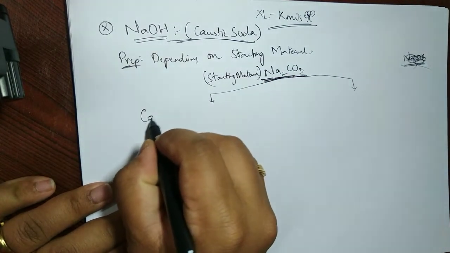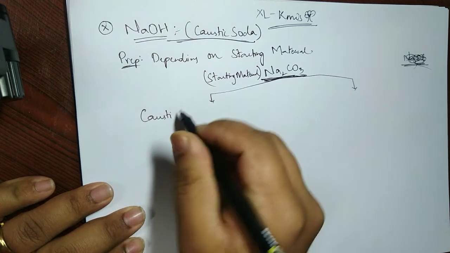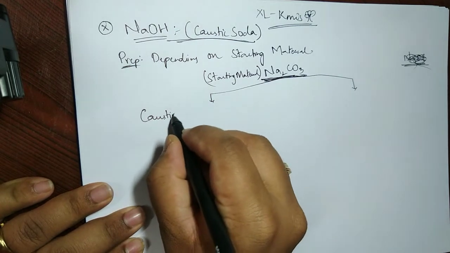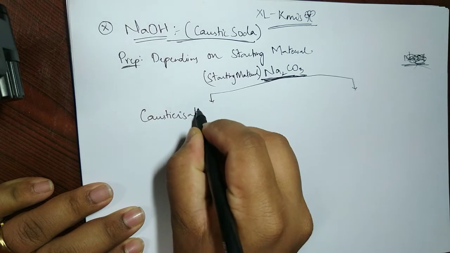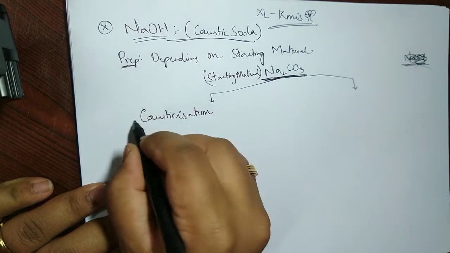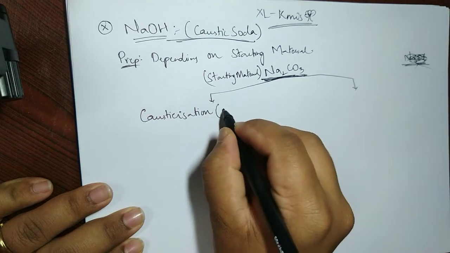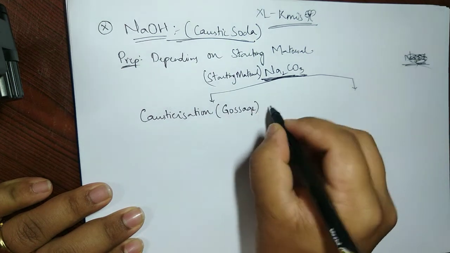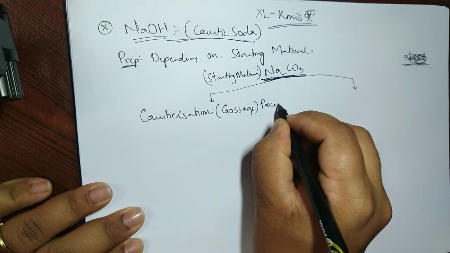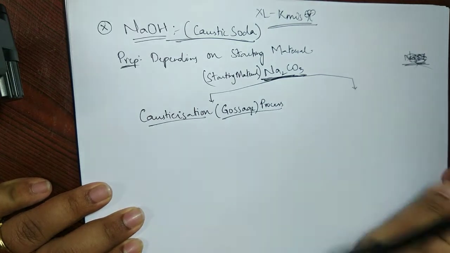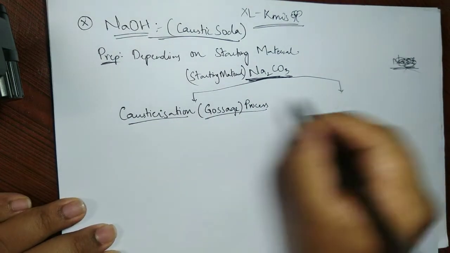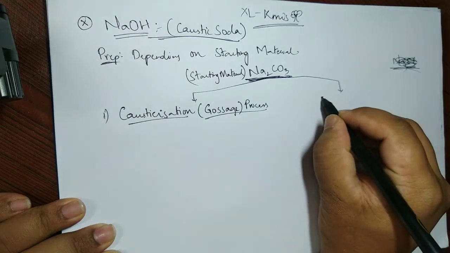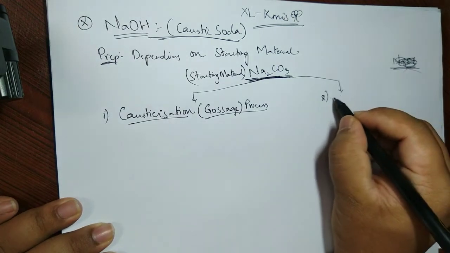One is called causticization, or it is also called the Gaussage process. The other one is called the Lewis process.